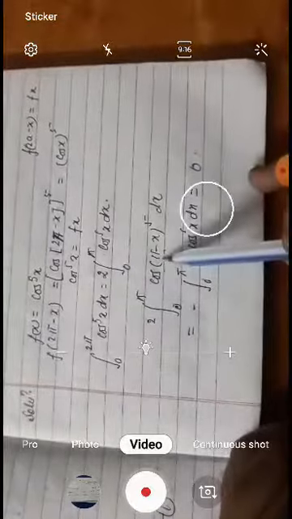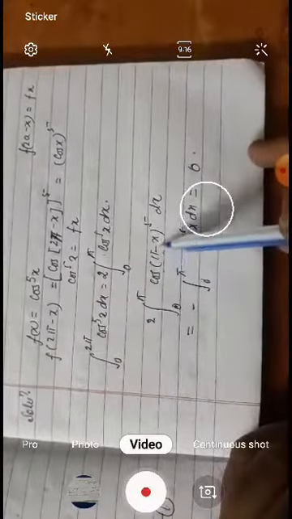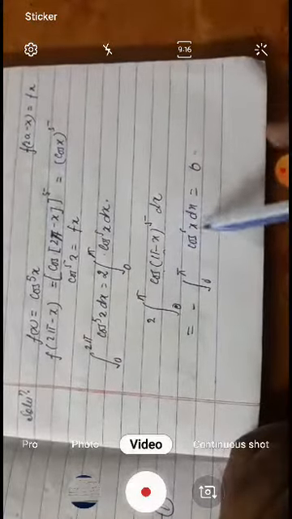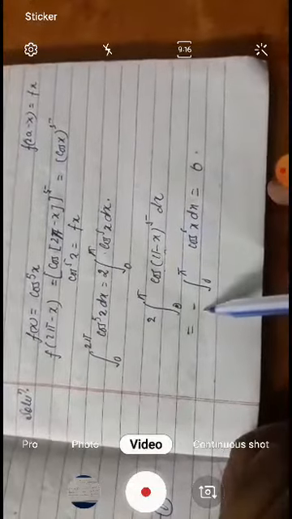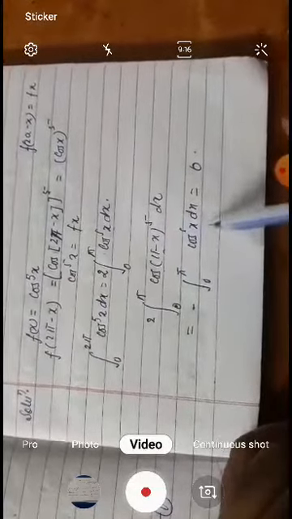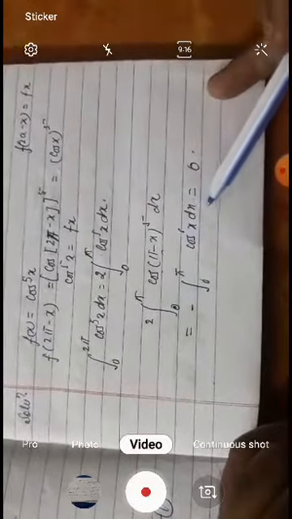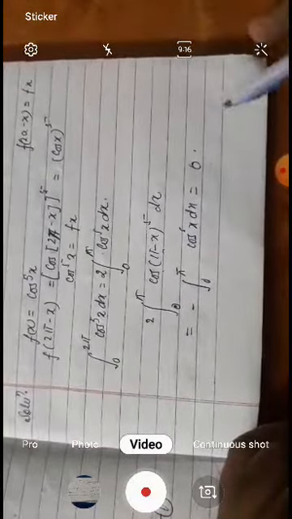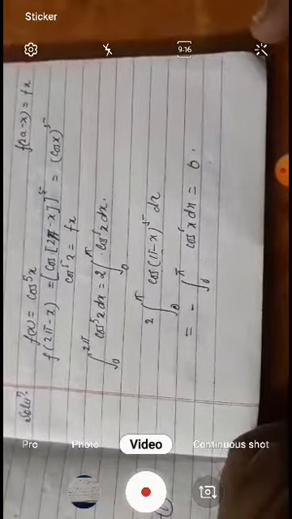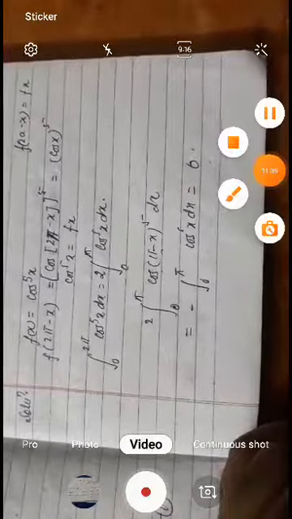Now cos (pi minus x) to the power 5 gives the minus, then the property gives us 0. So using the property we find the value. This is the procedure to get the answer.